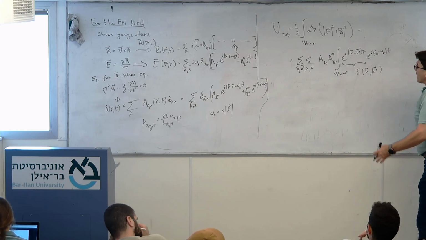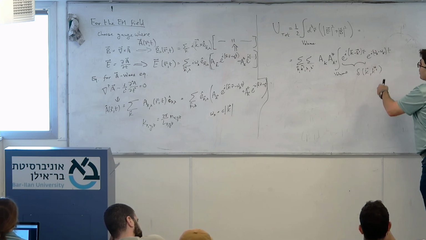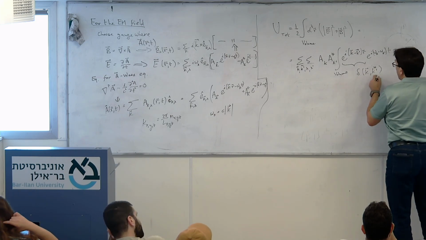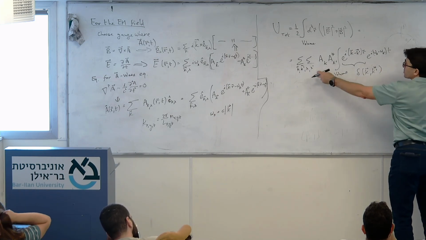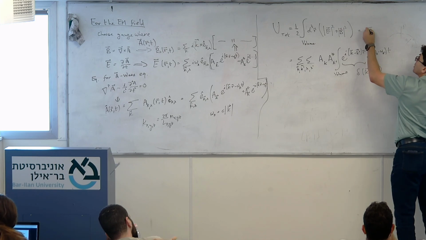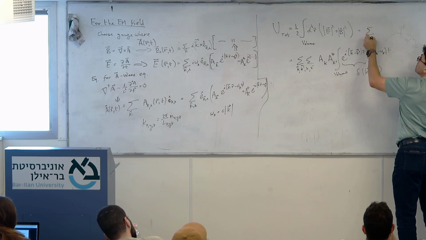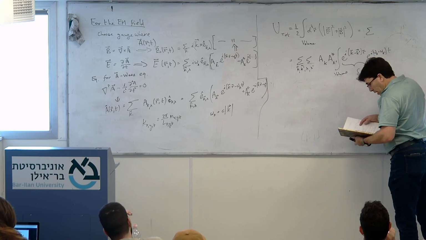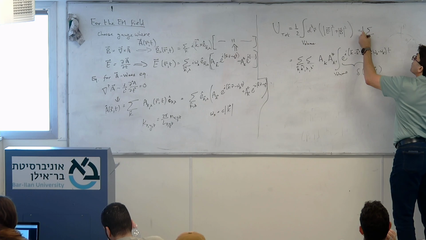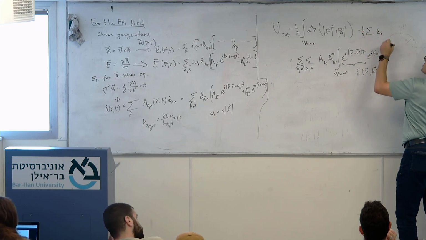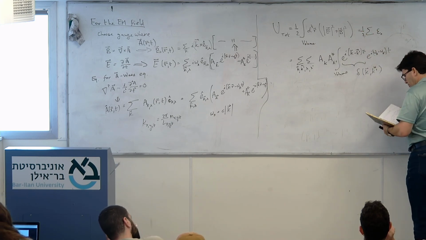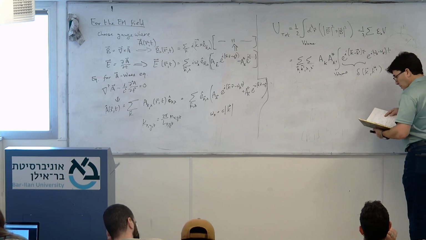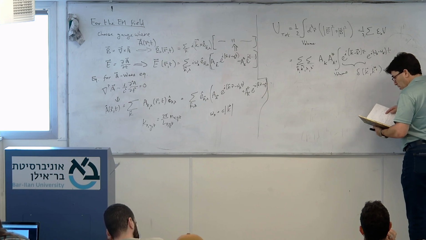Of course, we will have many terms like this. I didn't write it completely. Because of that, this kills this sum, so that becomes just simply the sum. Now let me write it correctly. So we'll have a half, times the vacuum permeability, times the volume, times, what did I forget?